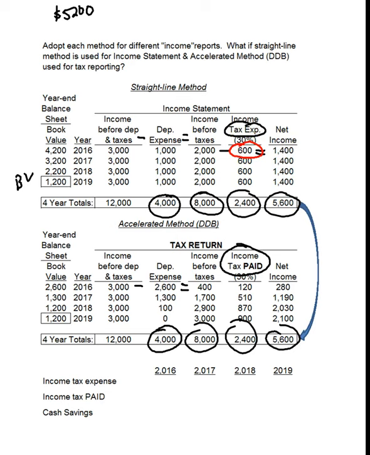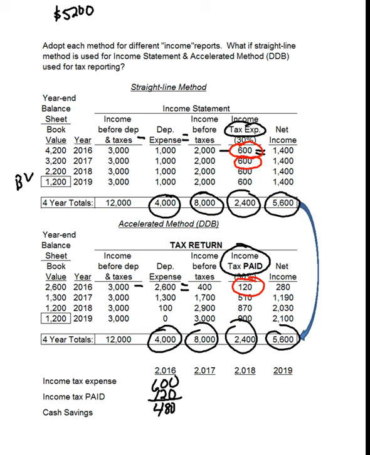So in year one, we would have $600 of income tax expense, but we're only going to write a check for $120. So we would have cash savings the first year of $480 by using this strategy: straight line depreciation method for the income statement, but an accelerated method for our income tax return. Let's go to the next year.